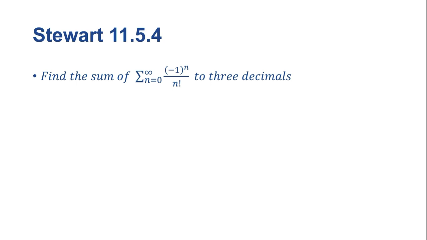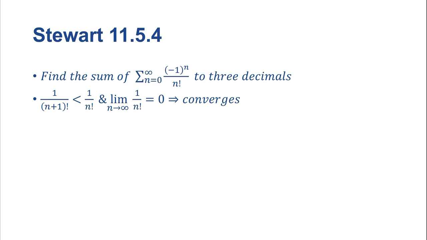Okay, so how are we going to tackle this? First we need to ensure that this converges. If I take b sub n plus 1, that's 1 over (n plus 1) factorial. Is that going to be less than 1 over n factorial? Well, yeah, because we're taking a larger factorial, and factorials grow maybe even faster than exponents.